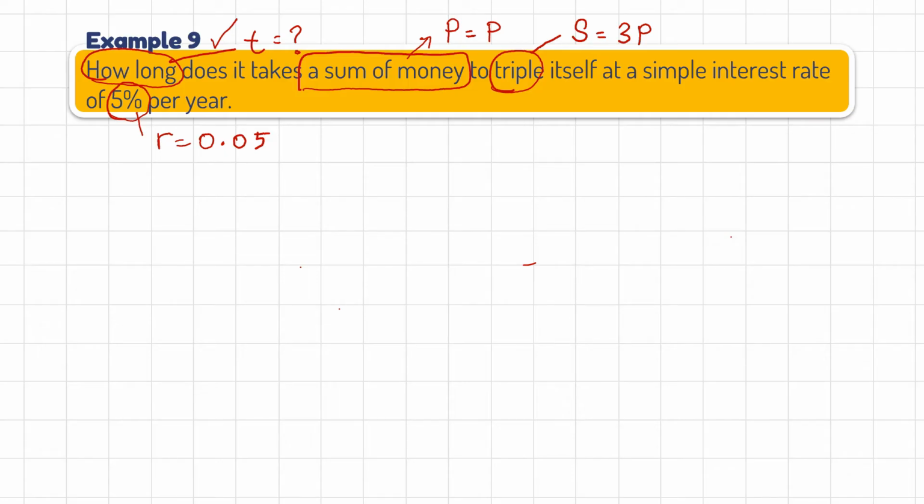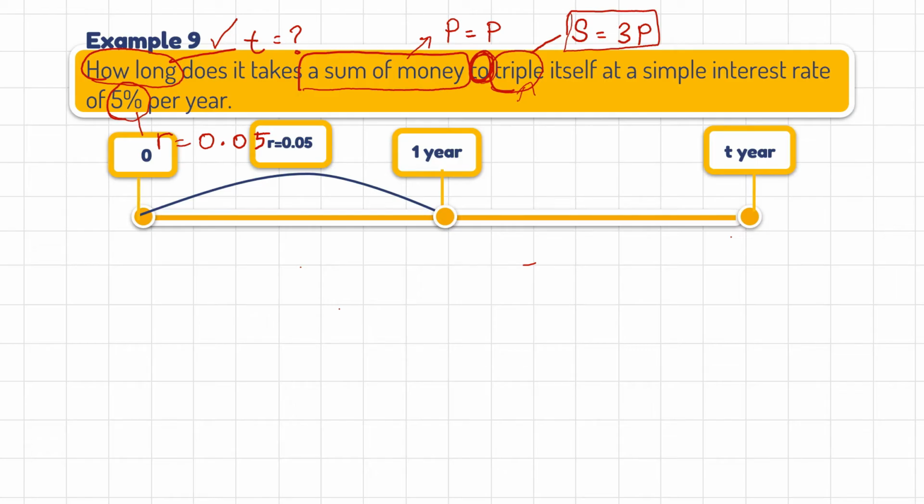So here we just assume our P is equal to P. The keyword here is "to triple", meaning that at the end of the period, the amount will be triple itself. Therefore, we can conclude that our S is equal to 3P, since the keyword here is triple. Okay? And then we have R equals 0.05.